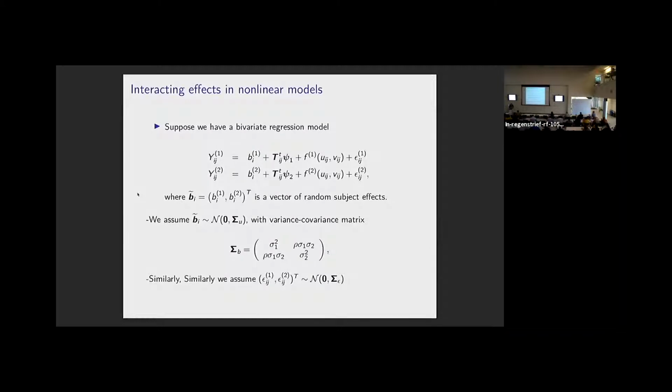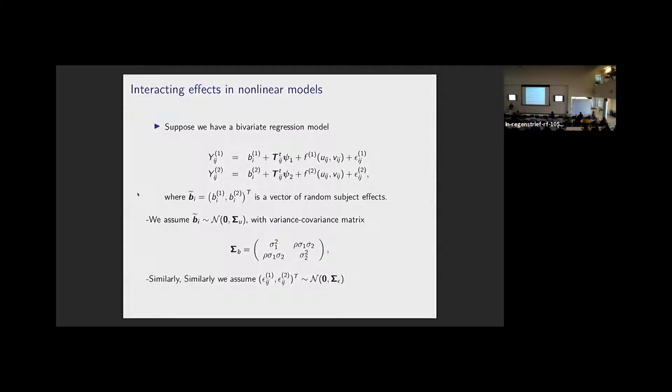This part I'm going to skip very quickly. What we are trying to do is to come up with some model that simultaneously captures the nonlinear interactions. And so what you see here, Y1 and Y2, these are just two different components in a system. So you can consider them to be the outcomes.